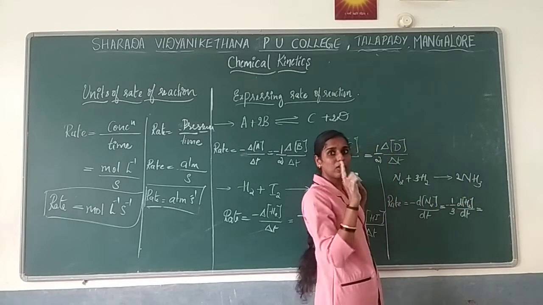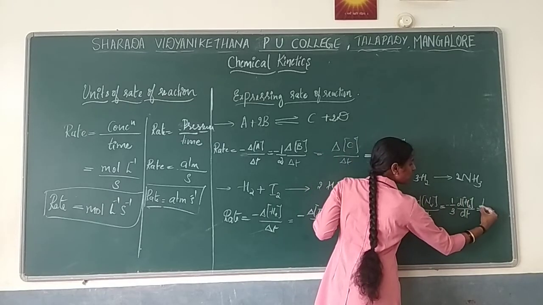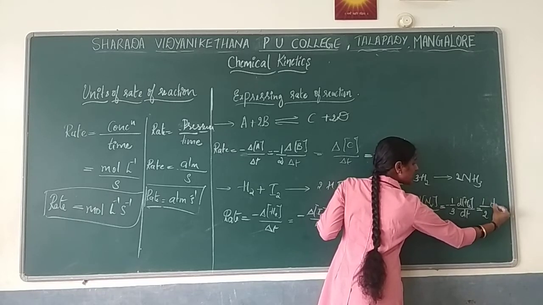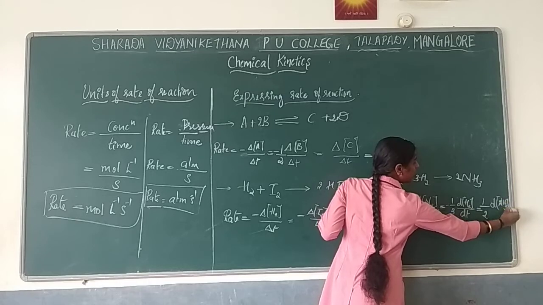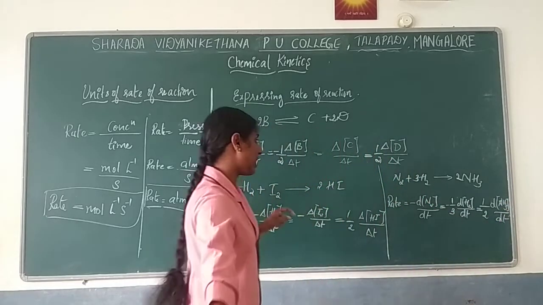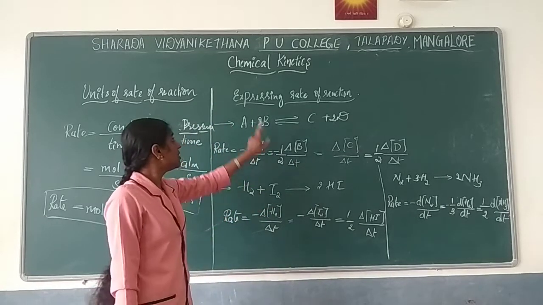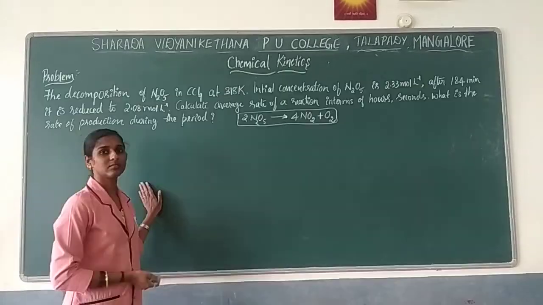Remember, always when you are writing, the sign also you are supposed to set, so it should be written as 1 by 2 d of concentration of NH3 divided by dt. In this way you are going to write the rate of a reaction, expressing the rate of reaction.